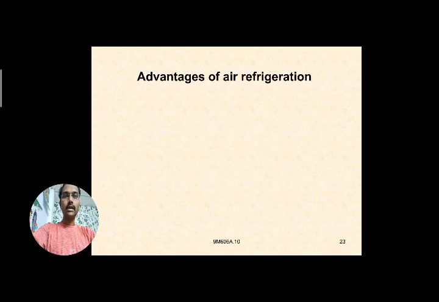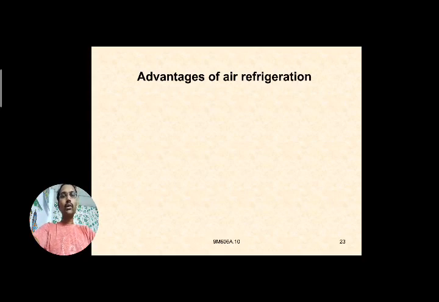So this is regarding the differences between open and closed cycle air refrigeration. I hope you have understood the theory part and the differences between these two, open and closed cycle air refrigeration, clearly with the help of the line diagram.